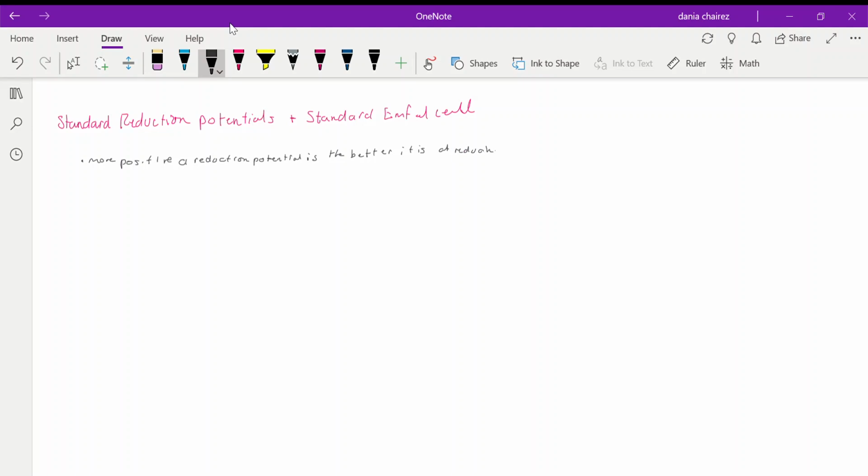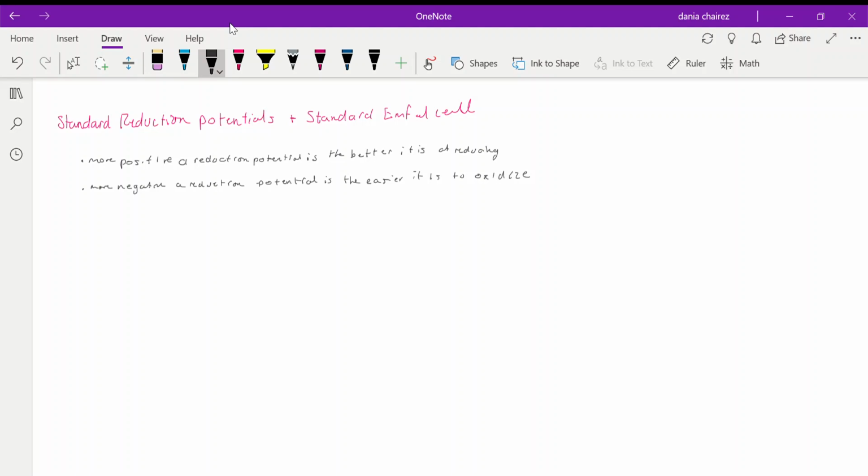So it's easier to reduce the species if it's more positive. And the opposite is also true, where the more negative a reduction potential is, the easier it is to oxidize.